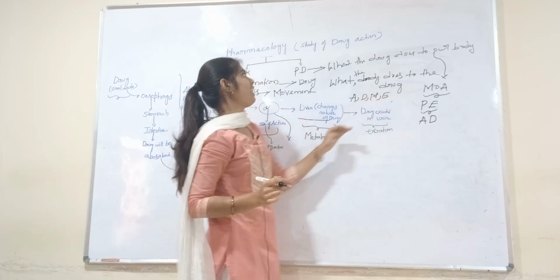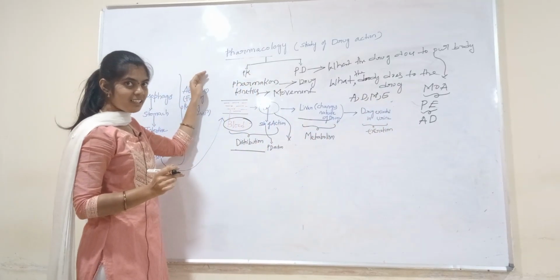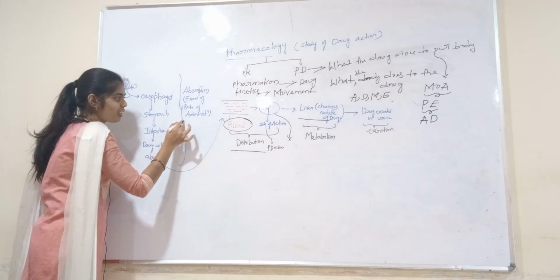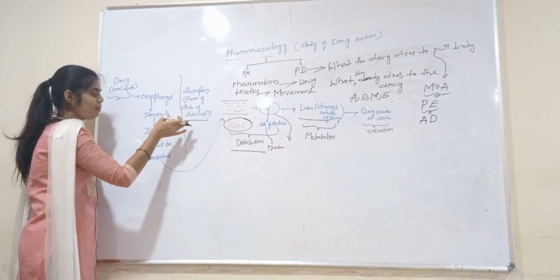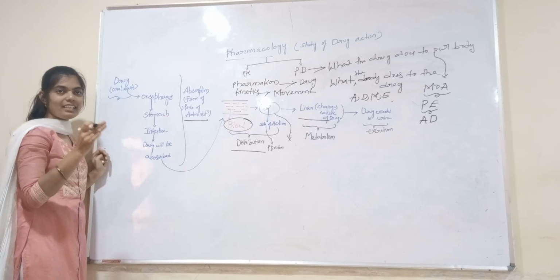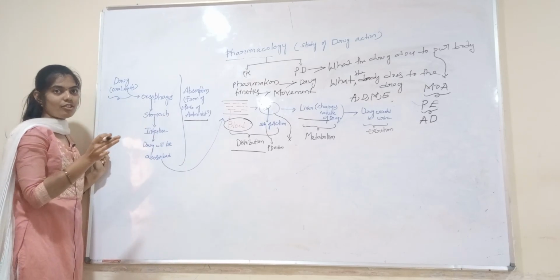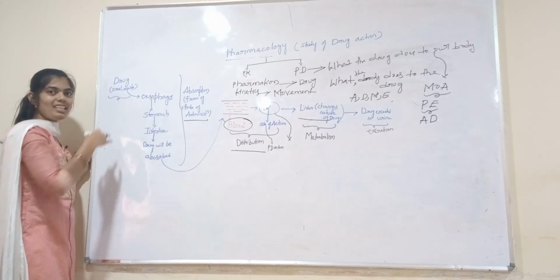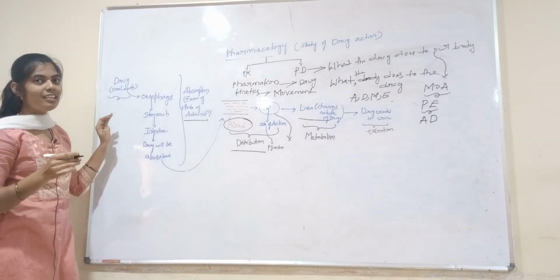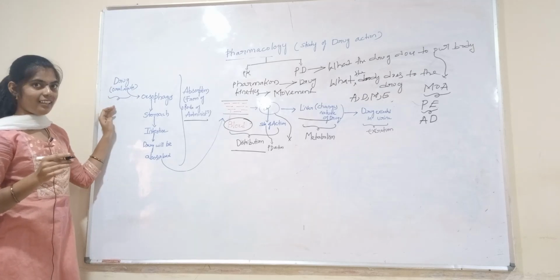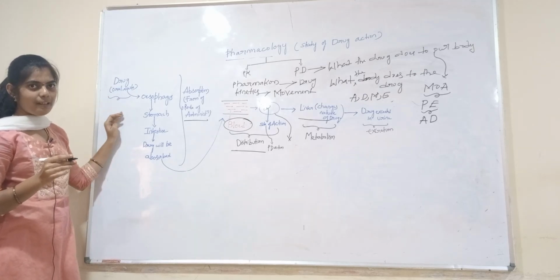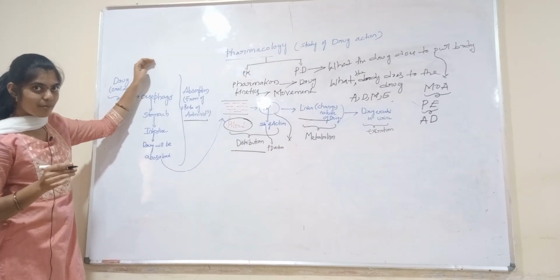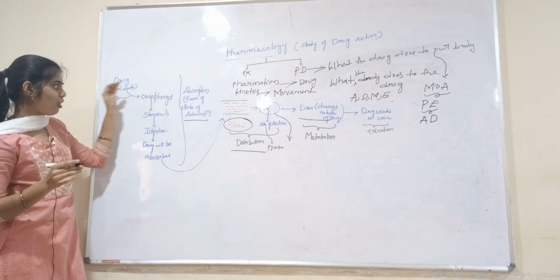Then coming to pharmacokinetics, first you need to have a brief idea about what absorption is. Absorption means how the drug is getting absorbed in our body. For example, if I am suffering from a disease such as headache, then I will be taking the drug orally. In absorption, we are going to learn how the drug is getting absorbed into our body from the route of administration.